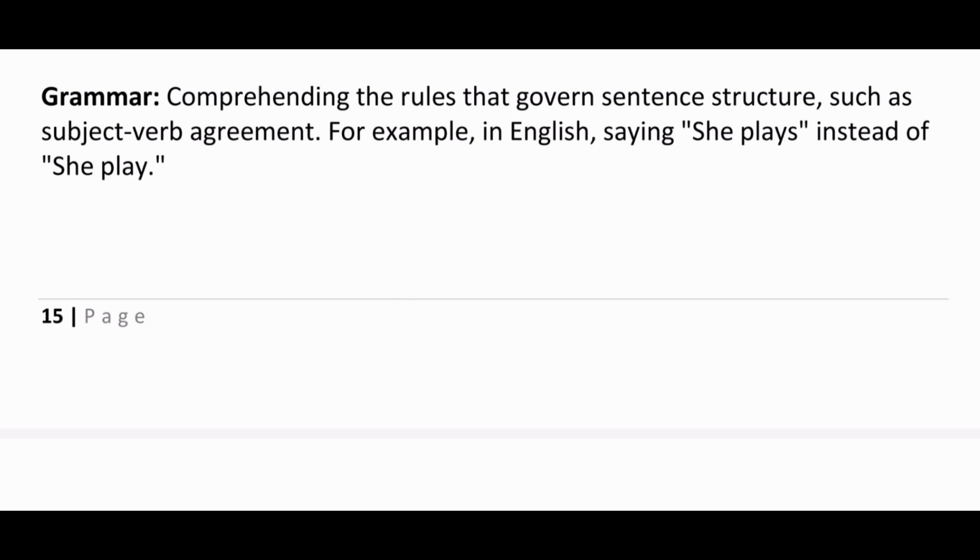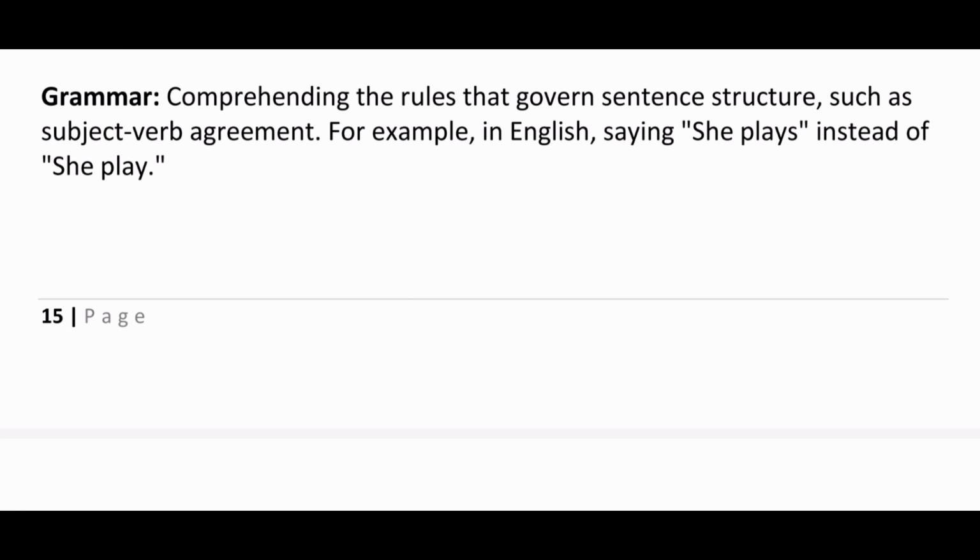So lots and lots of things are there, parts of speech, right? So when I say she play, but to be more precise and to speak in a better way, I will say she plays, right? So this is how we comprehend or understand grammar.